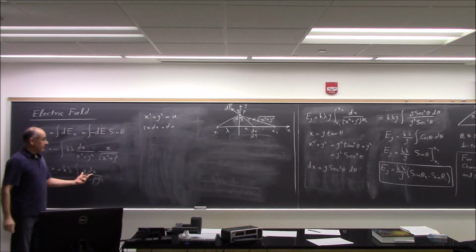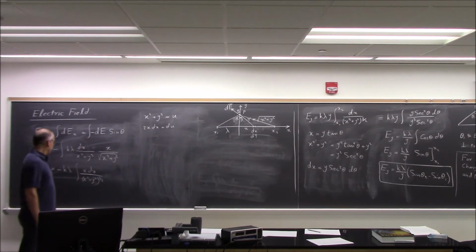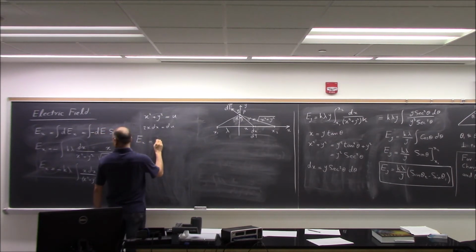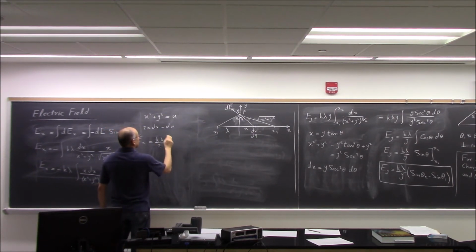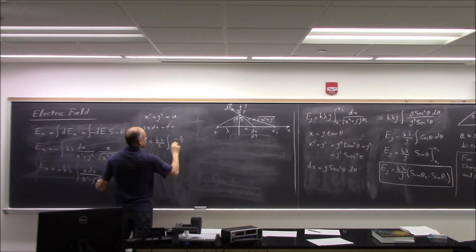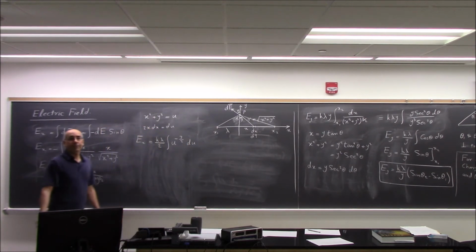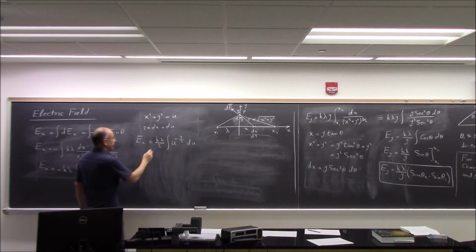Then this x dx that we have is 1/2 du, and the denominator is just u to the power 3/2. So we can write this as k lambda over 2. I bring the 1/2 out. Integral of u to the negative 3/2, because it was in the denominator, we bring it up, du. Is the negative still there? Negative is still there. Thank you.